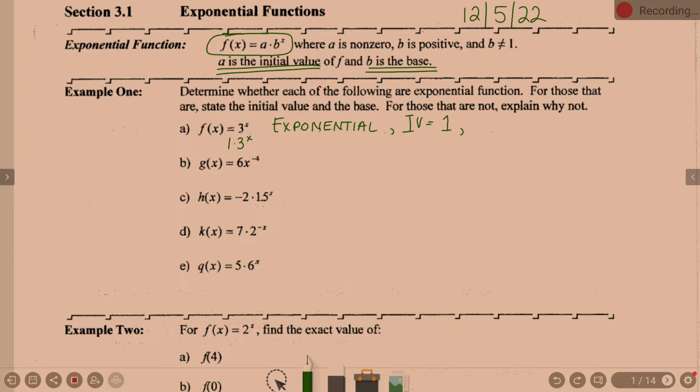What's our base? Base is 3. You also might see they ask for A and B values. If so, your A is 1 and your B is 3. Good enough?